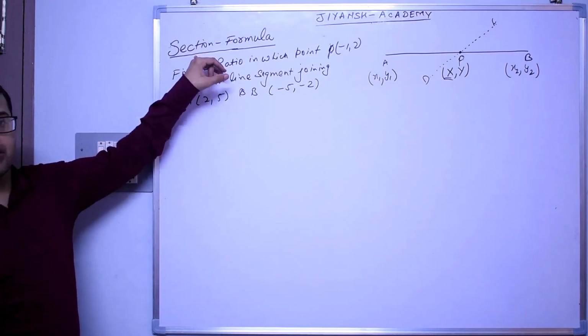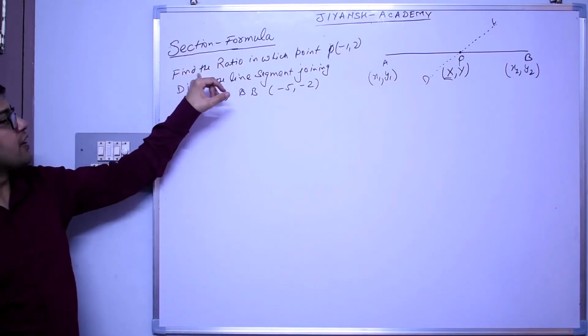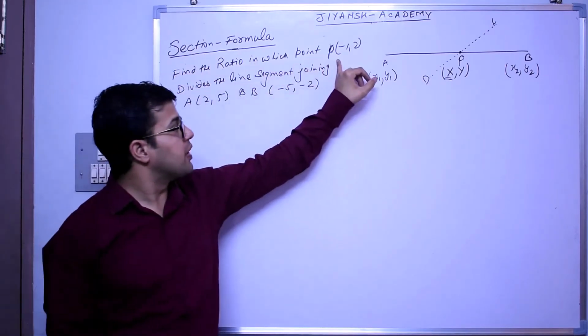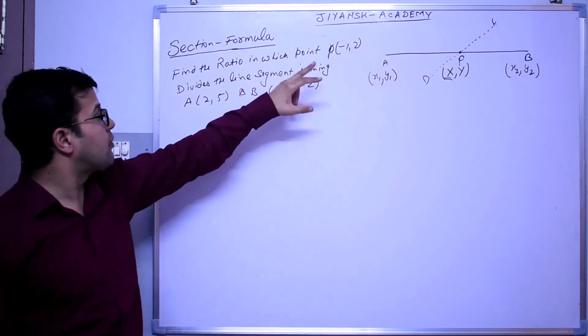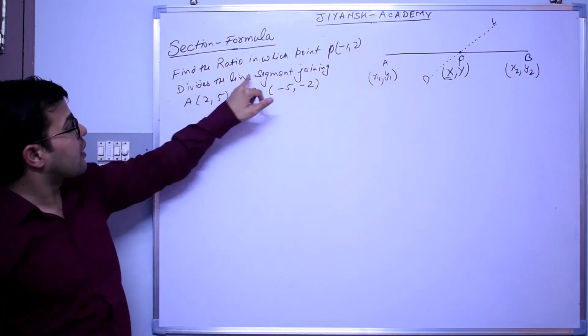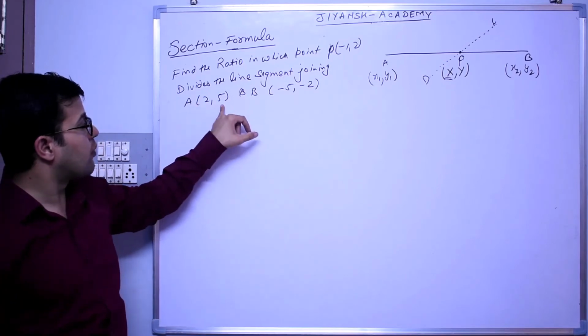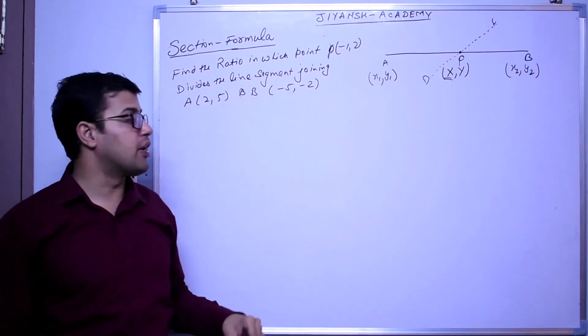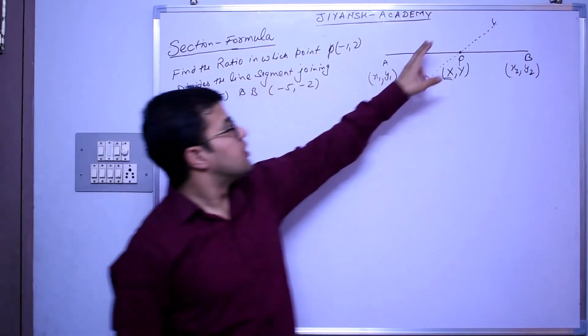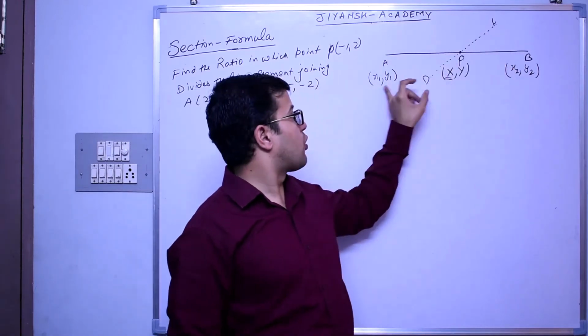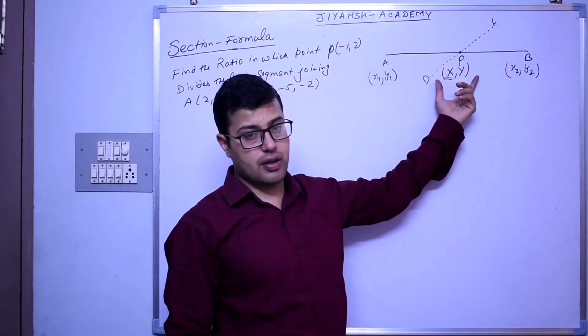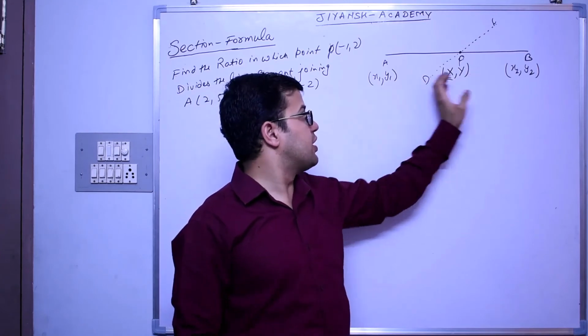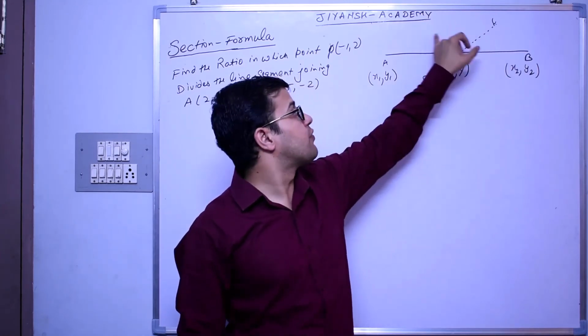Type 2 for the section formula will be: find the ratio in which point P minus 1 comma 2 divides the line segment joining A 2 comma 5 and B minus 5 comma minus 2. So in the previous question the ratio was given to me, coordinates were given to me, I had to find this coordinate. In this question these three coordinates are provided to me, I have to find out the ratio.